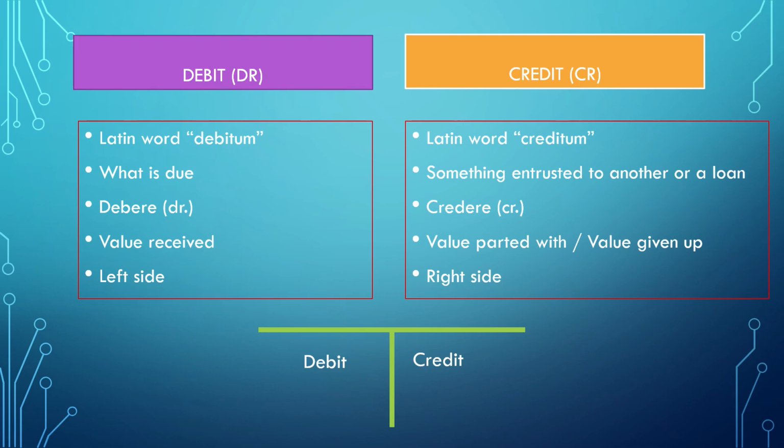So for some, it is defined as the right side. So basically, if we have two sides of the equation, we have here the two sides of the T. The debit side is on the left side because it literally means left. The credit is on the right side. Okay?